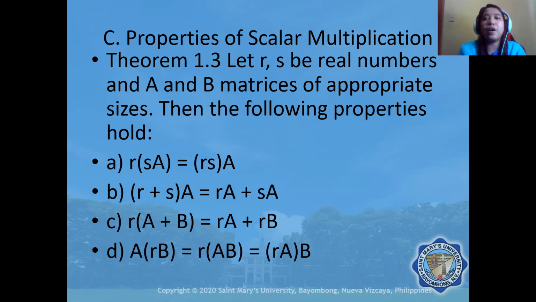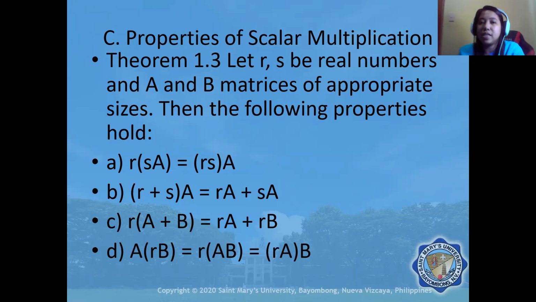Okay, so here are the properties of scalar multiplication. Let's consider this as Theorem 1.3. If we let r and s be real numbers and A and B matrices of appropriate sizes, then the following properties hold.